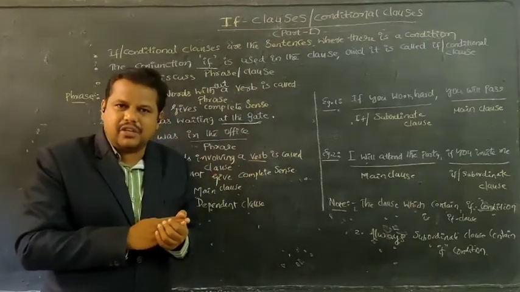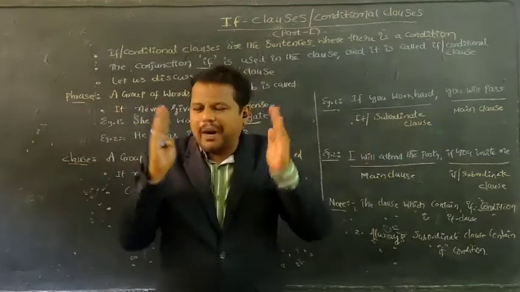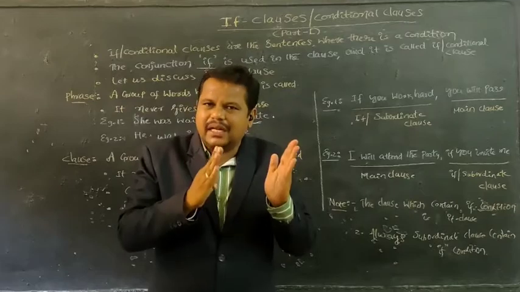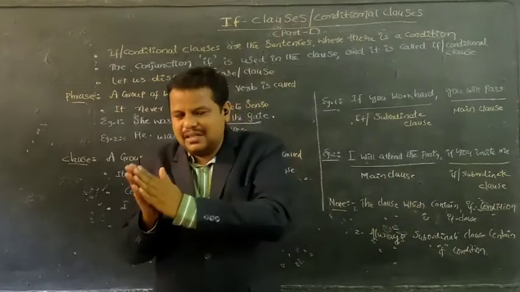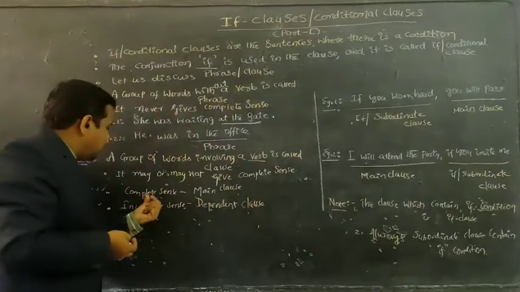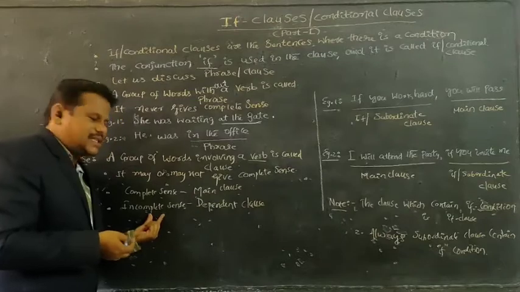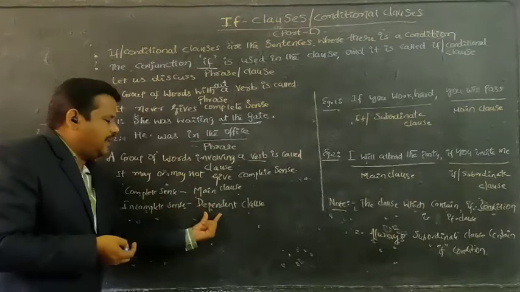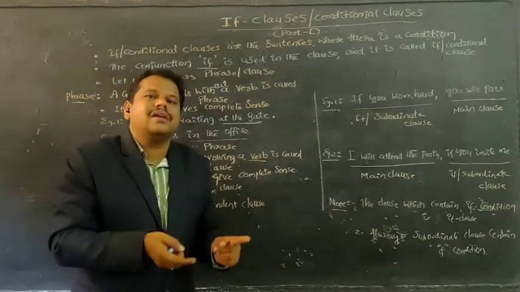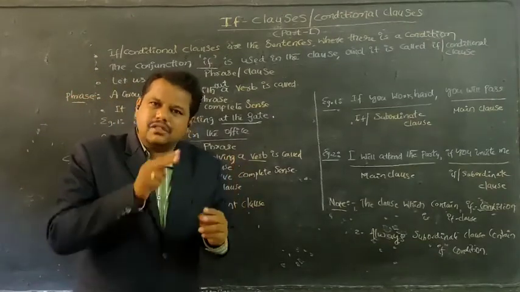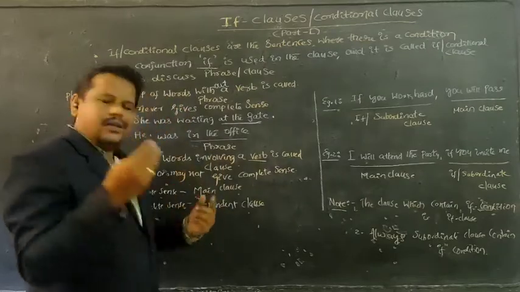In a whole sentence, there are two parts: one is called the main clause, another is called the dependent clause. If it is giving complete sense, it is called a main or independent clause. If that part does not contain complete sense, then it is called a dependent clause. This means a sentence always contains two parts: the main clause and the dependent clause.